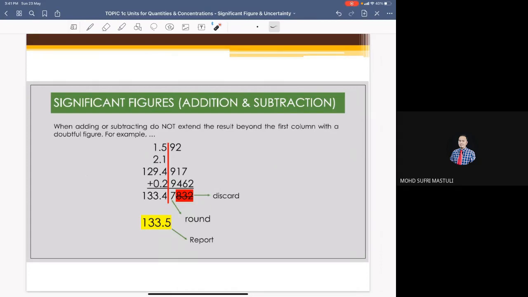When adding or subtracting, we do not extend the result beyond the first column with the doubtful figure. For example, we have 1.592 plus 2.1 plus 129.4917 plus 0.29462.